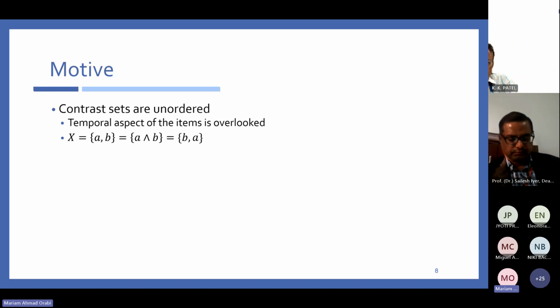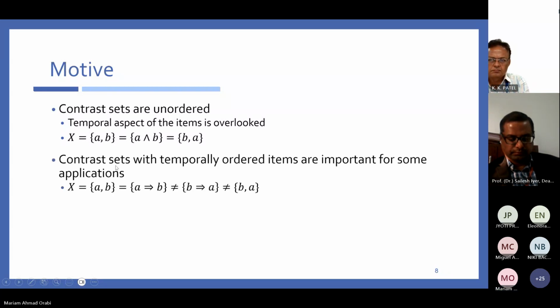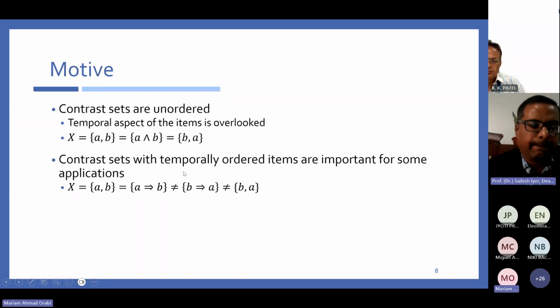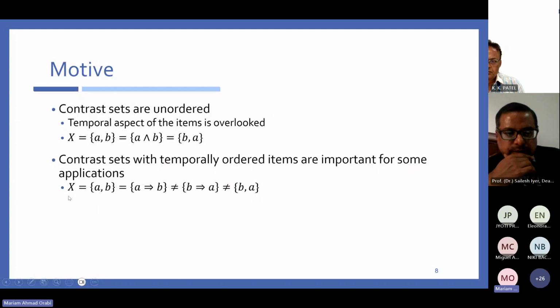For example, the contrast set X of item values A and B is interpreted as A and B being equal to B and A at the same time. However, if we have temporally ordered items, this is important for many applications, which means that we're looking at the contrast set X, A then B, which is not equal to B then A. So we are looking at the ordering of items inside the contrast set.